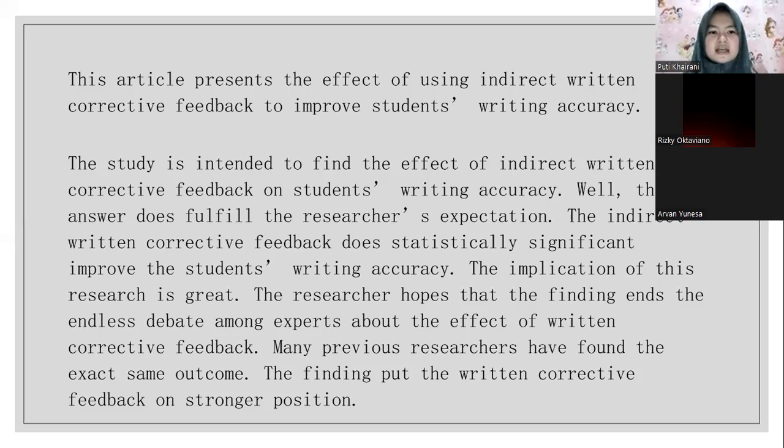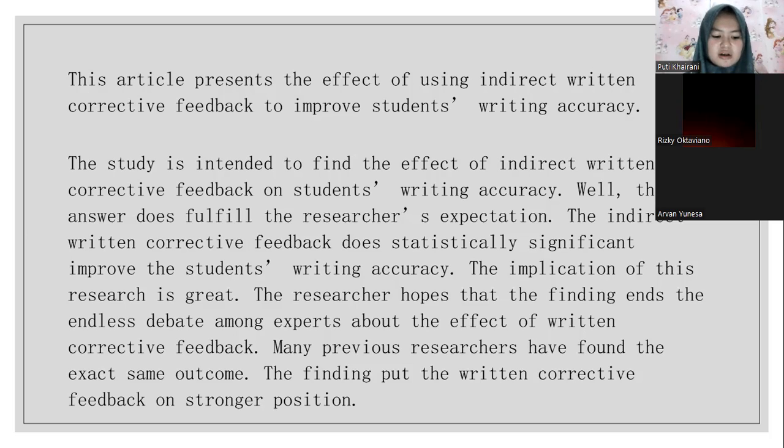The study is intended to find the effect of indirect written corrective feedback on student writing accuracy. The answer does fulfill the researcher's expectation. The indirect written corrective feedback statistically significantly improves student writing accuracy.